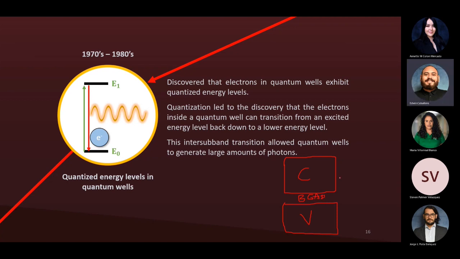The bands, basically, when you have a solid, it has millions and millions of different electrons due to the different atoms that make up the solid. And those different electrons are going to have multiple energy levels.